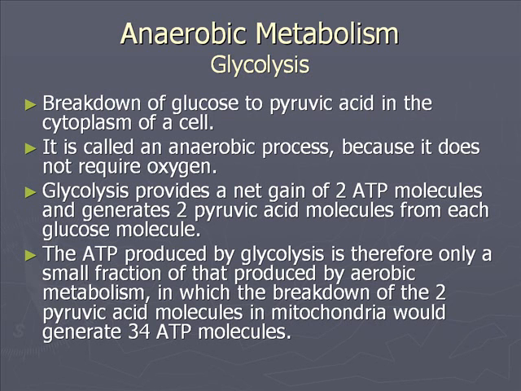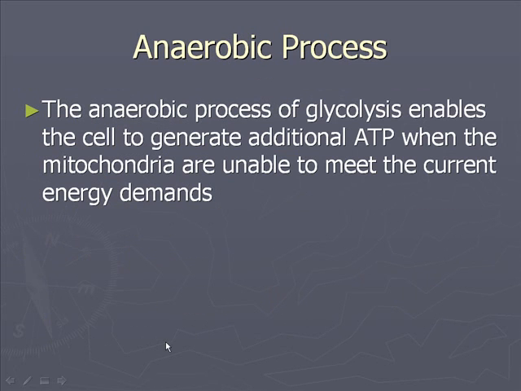ATP produced by glycolysis is therefore only a small fraction of that produced by aerobic metabolism, which again breaks down the 2 pyruvic acids in the mitochondria, which would generate 34 ATP molecules.